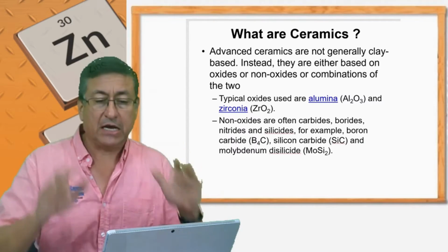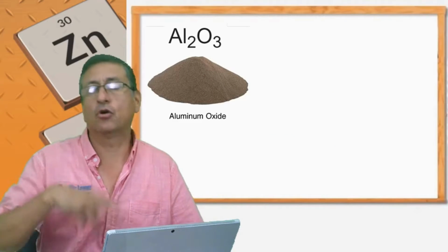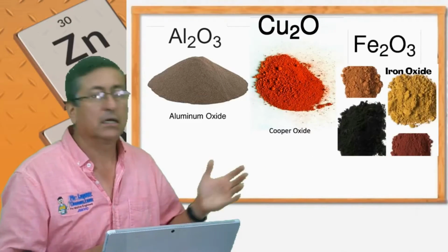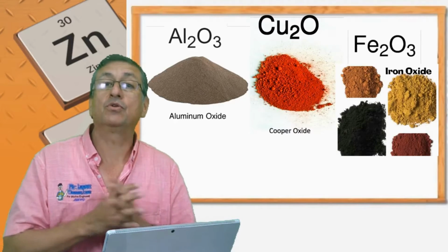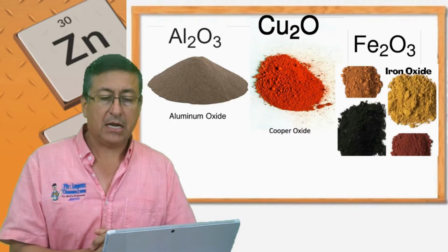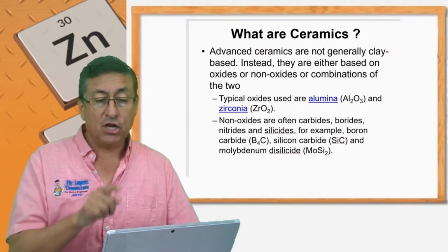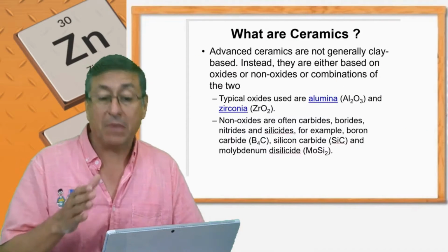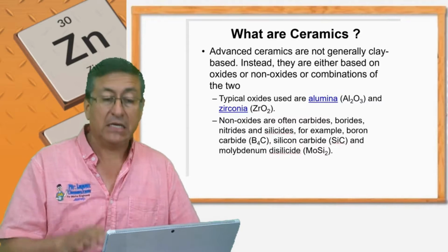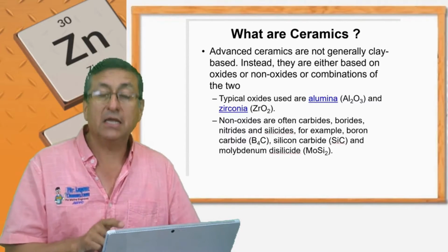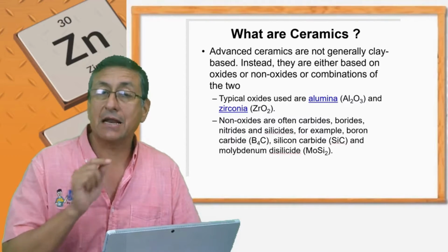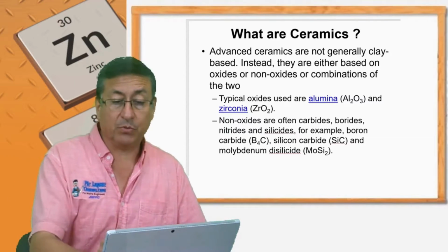The typical oxides, aluminum oxide, copper oxide, iron oxides, those oxides mixed with clay produce excellent ceramics. But there are also non-oxides, like carbides, borides, nitrides, silicas, and they produce excellent ceramics. And those are examples.